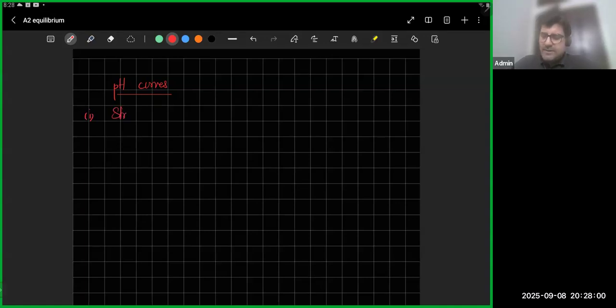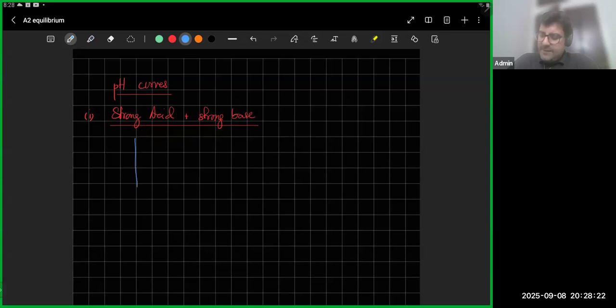Basically we're going to use the same concepts. It's just going to be a bit time consuming. So the first one is a strong acid, strong base titration. So what would be the pH curve? And you have to tell them the exact values of the sketches, not just the sketches.